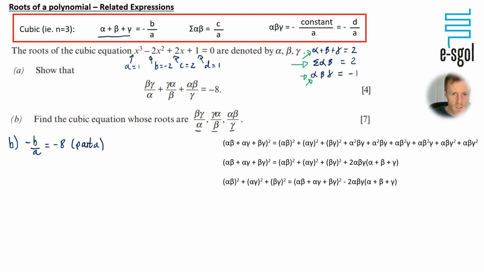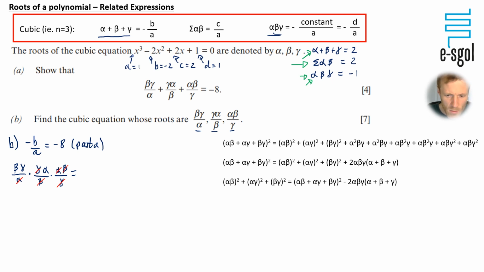The other thing that's quite easy to find is the product of the roots. So I'm going to multiply each of these things together. So we've got beta gamma over alpha times gamma alpha over beta times alpha beta over gamma. I can see there's going to be a certain amount of cancelling out going on here, so the gamma here might cancel with one of the gammas here, the beta here could cancel with that beta, this alpha here could cancel with that alpha here.